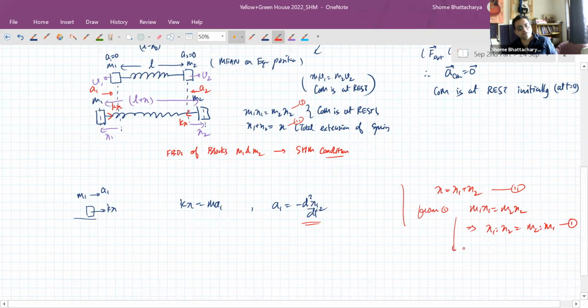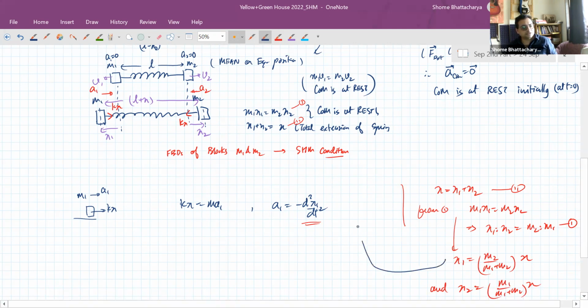Now from these we can solve, and we can say that x1 is equal to m2 upon m1 plus m2 times x, and x2 is equal to m1 upon m1 plus m2 times x. This is the free body diagram for this block. I'll come to the second block also. Now in this equation we can substitute this.